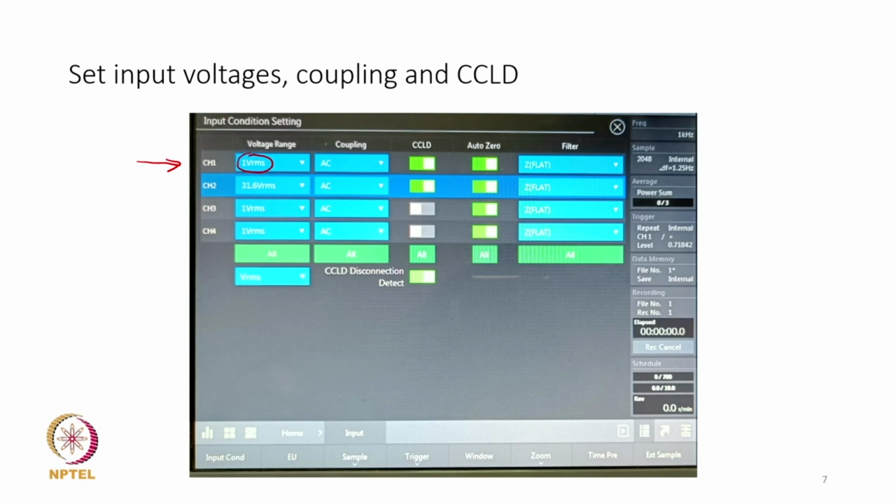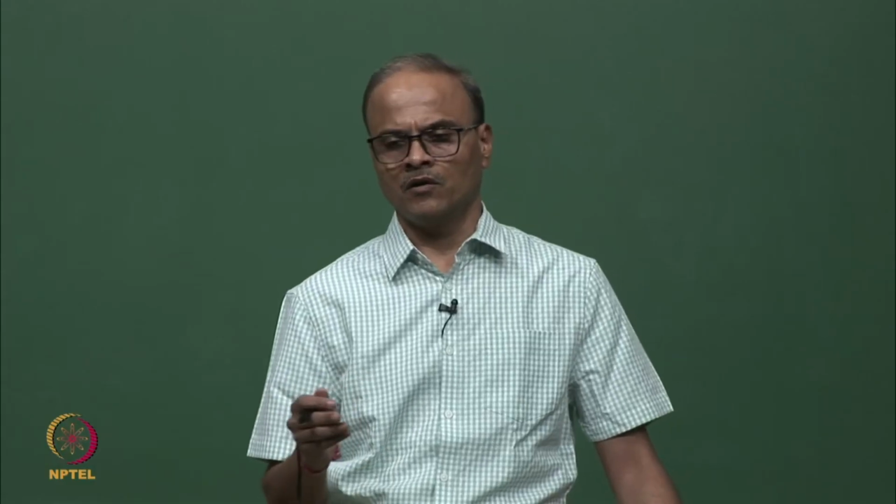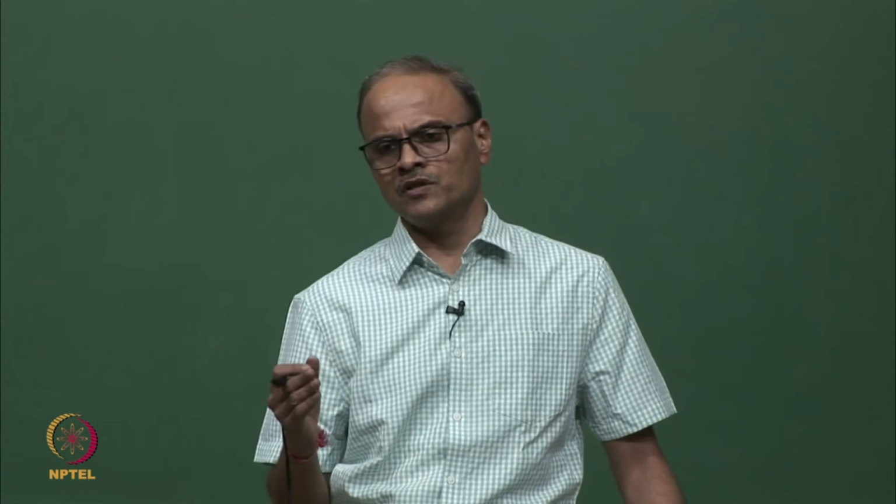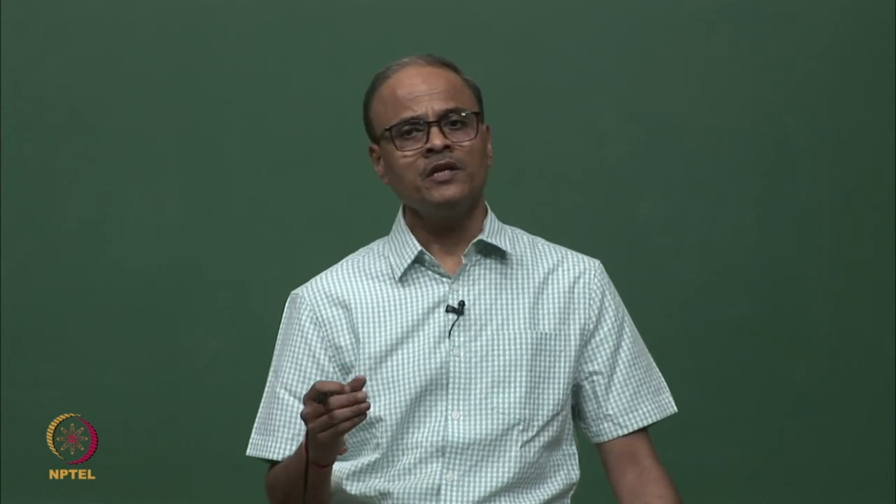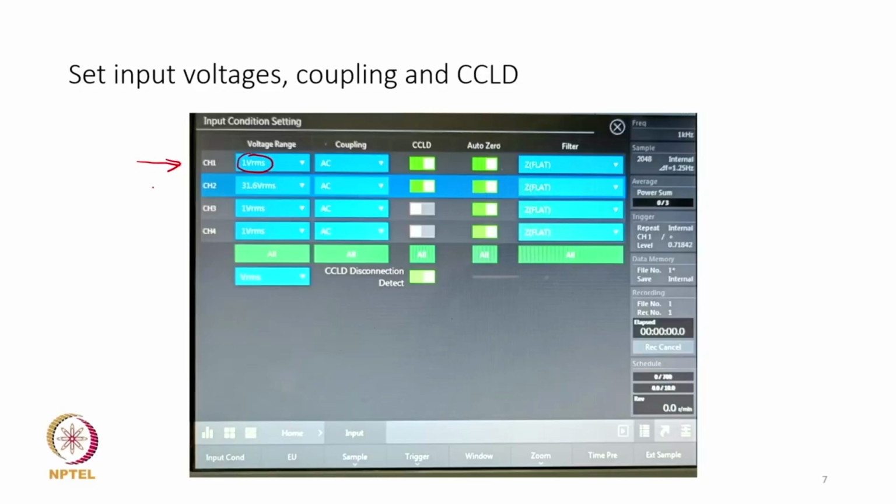If the voltage exceeds this, it would amount to an overload of the channel. This has been decided by first making an initial measurement of the force and response signals, and based on their levels these values have been chosen. Then for channel 2, the maximum voltage has been taken as 31.6 volts RMS.